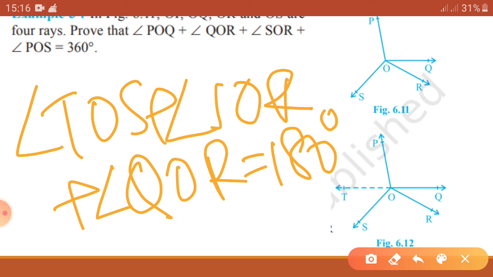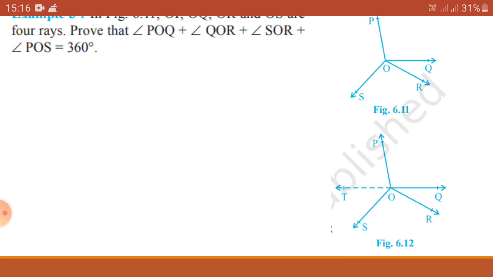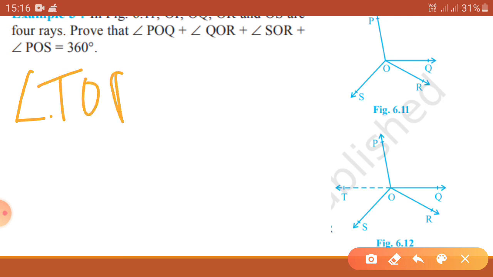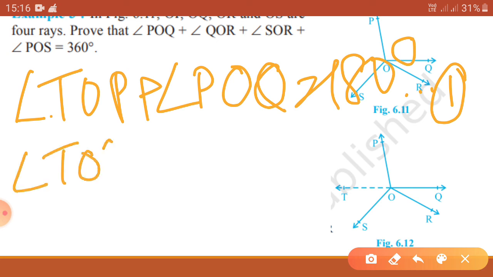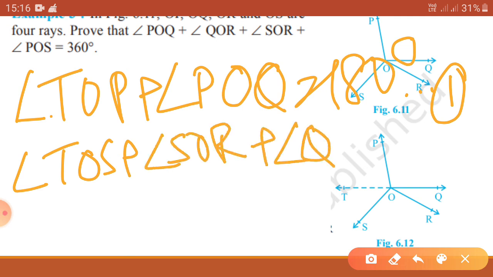Okay, so if we add equation number 1 and equation number 3: equation number 1 was angle TOP plus angle POQ equal to 180 degree, and equation number 3 is angle TOS plus angle SOR plus angle QOR equal to 180 degree.